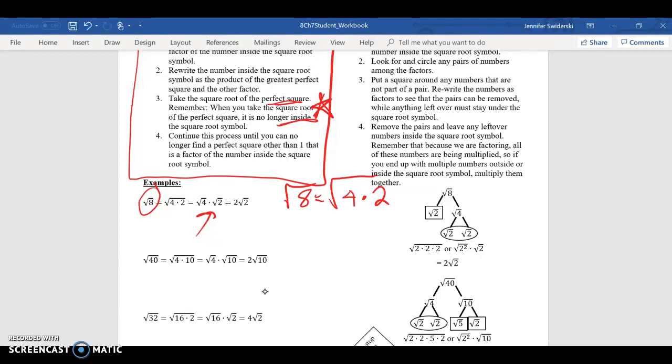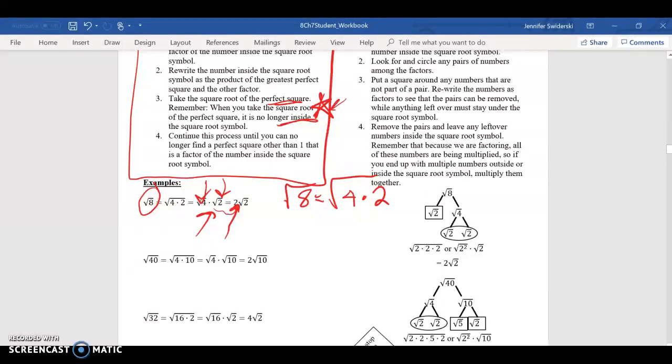You should be saying yes. 4 is a perfect square. So the square root of 4, when I simplify that, is 2. So that brings us up to this point right here where it says take the square root of the perfect square. So what we just did is we took the square root of 4, okay, and it was 2. So 2 is no longer inside the square root symbol. It's on the outside. And then what I'm left with is this root 2 here.